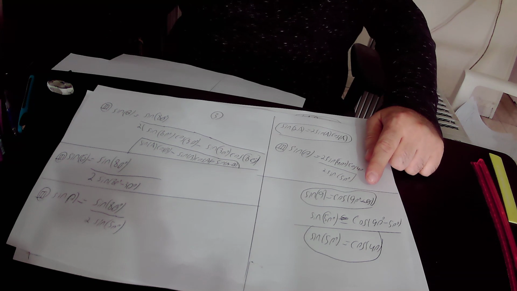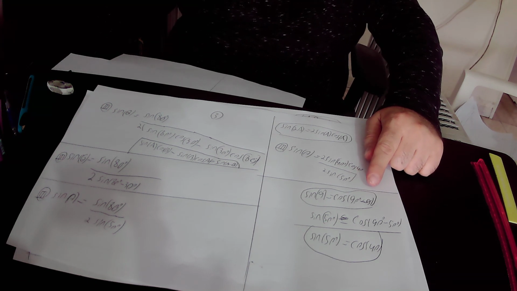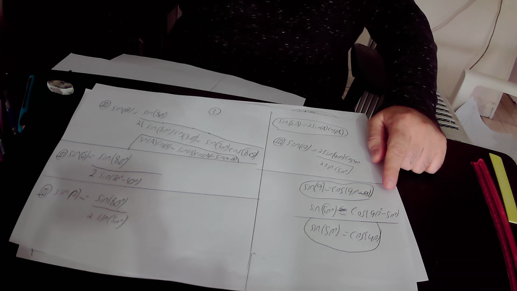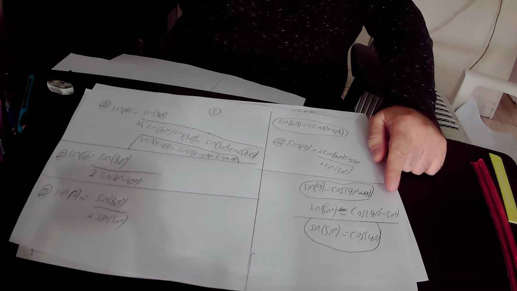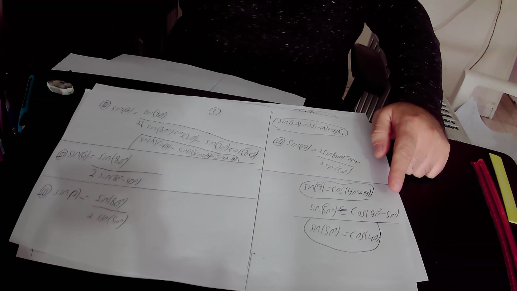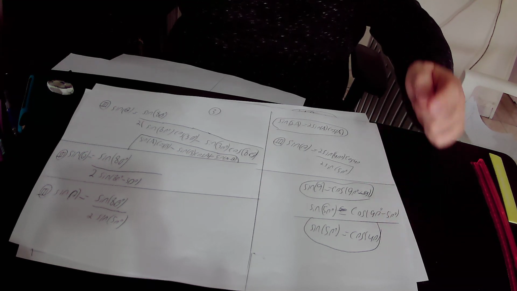According to the trigonometric identity that sine alpha equals cosine 90 degrees minus alpha, we get that sine 50 degrees equals cosine 90 degrees minus 50 degrees. 90 degrees minus 50 degrees is 40 degrees, so sine 50 degrees equals cosine 40 degrees.